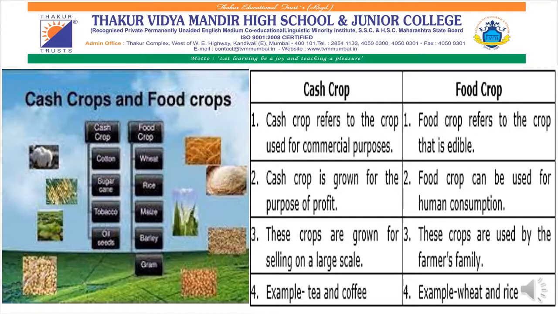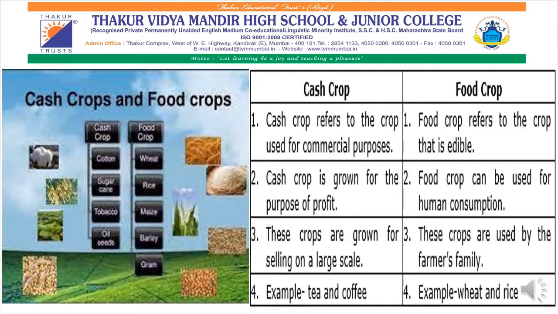Then the cash crops are grown for selling on a large scale. It means I am growing something, I will sell in other states, in other countries on a large scale. Whereas the food crops are used by the farmer's family or the relatives.